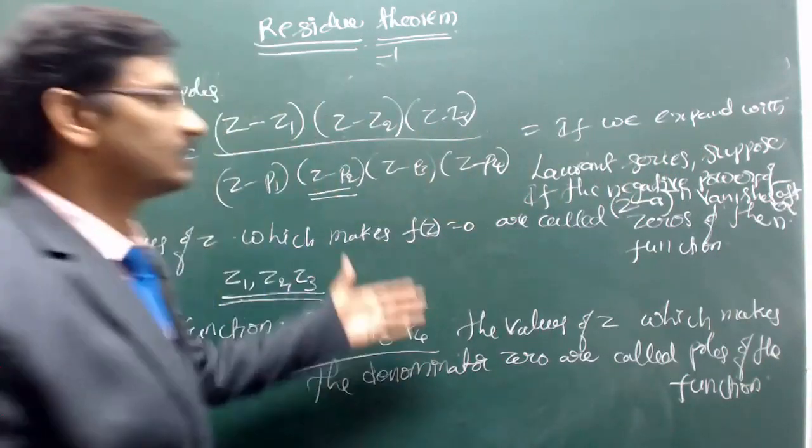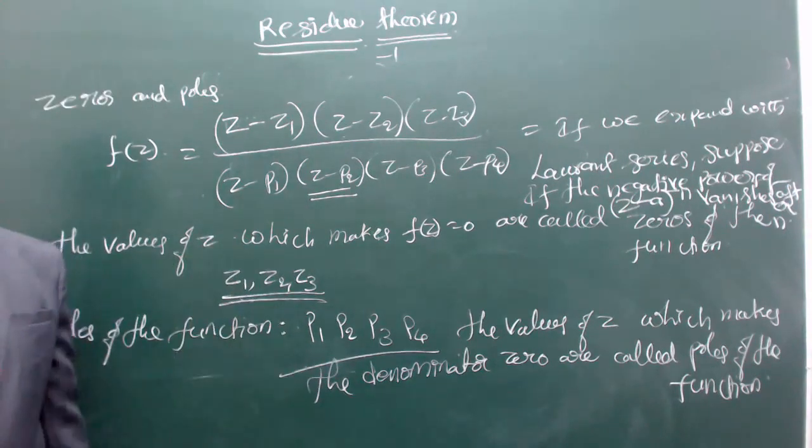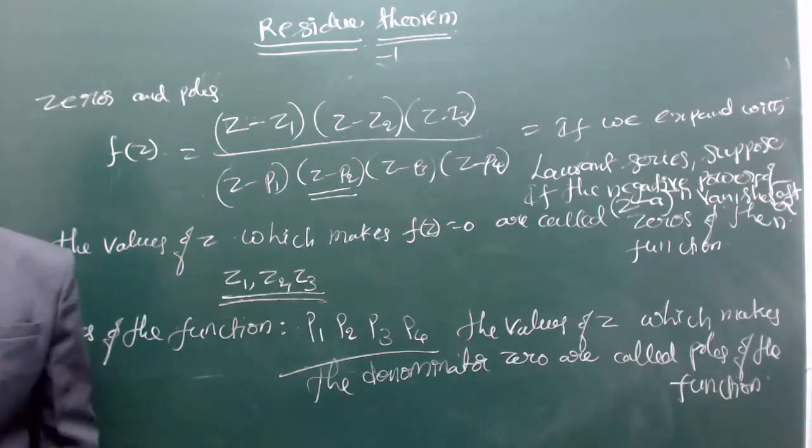First you note down this, I'll erase it and write it. Note down these things, zeros and poles, then we will go to the higher order poles.